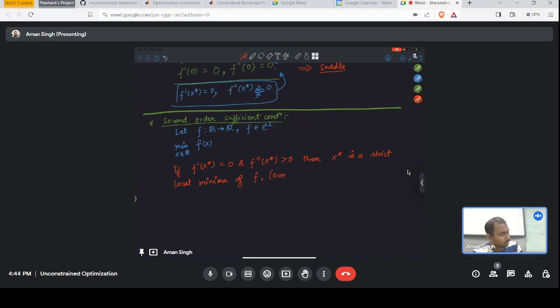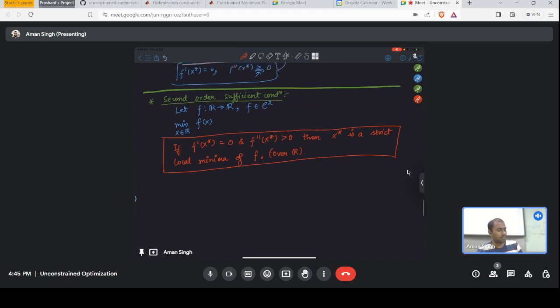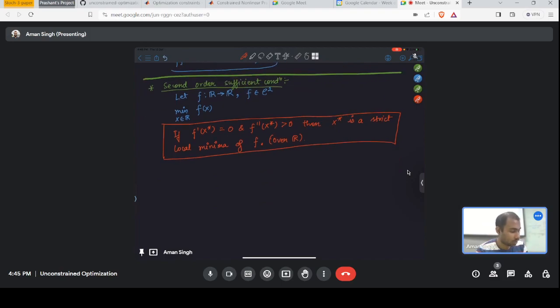You can say over R, over all of the real numbers. So this is what the condition says: if f dash x star is 0 and f double dash x star is greater than 0, then it is a local minima. That's what it says. This is called the sufficiency condition.